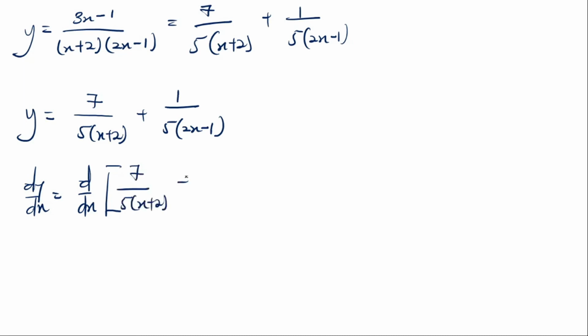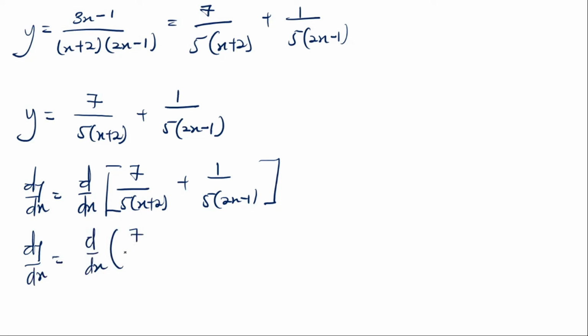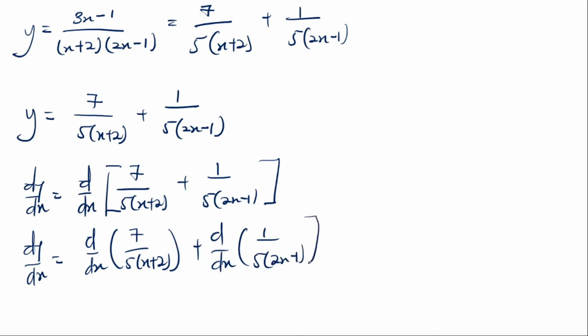Okay, so if we expand the bracket, our dy/dx becomes d/dx of the function 7 over 5(x + 2), then plus d/dx of the function 1 over 5(2x - 1), and that is that.